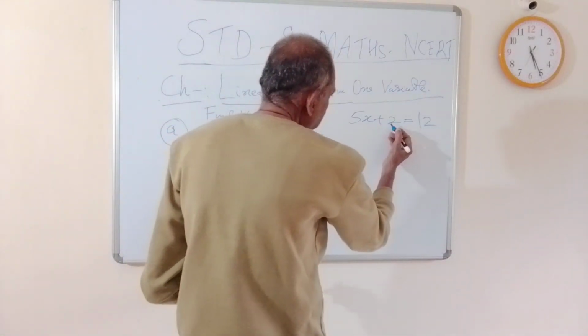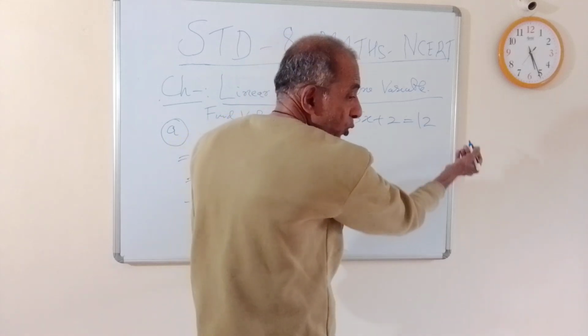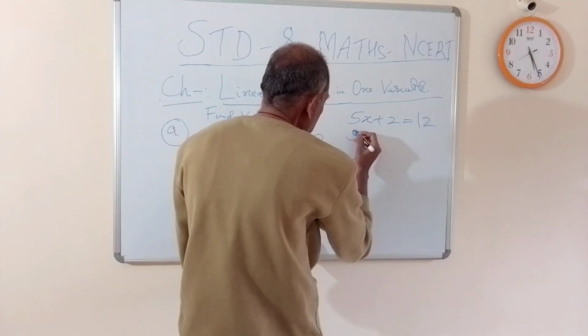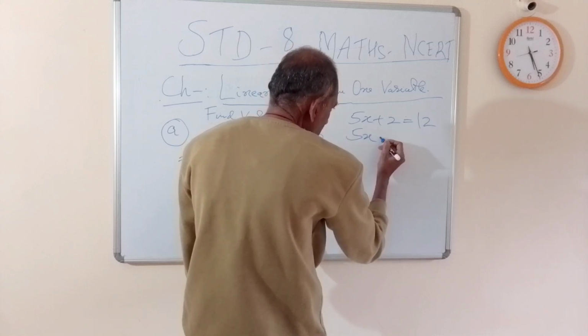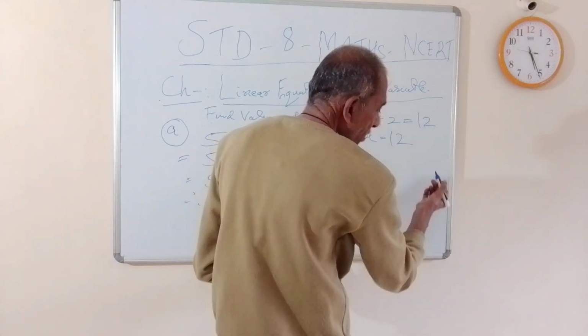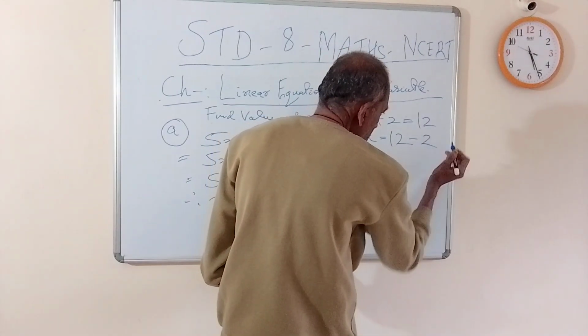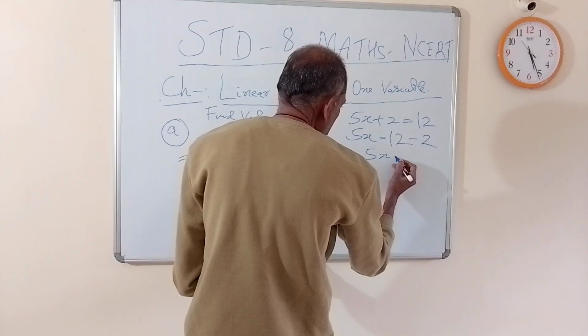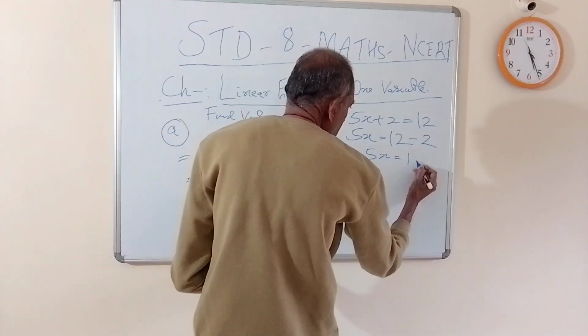Here we are just transferring this 2 to the other side of the equation. So 5x is equal to 12. Now this is plus 2, so if it goes to the other side, plus will become minus. Simple. So 5x is equal to 12 minus 2, that is 10.